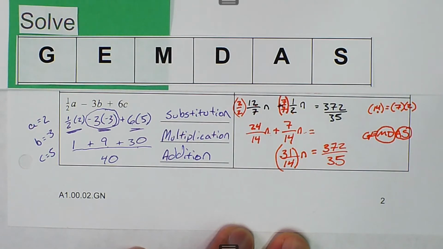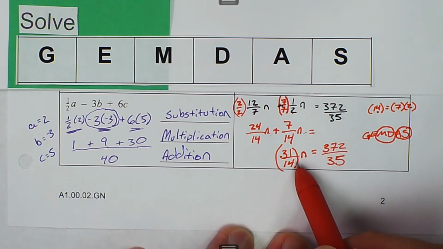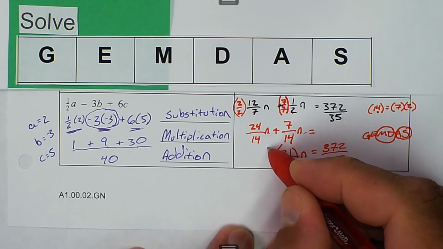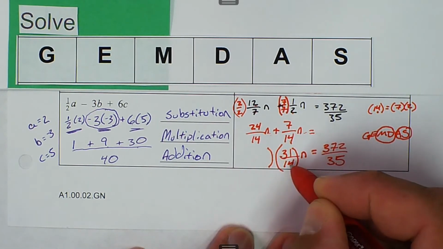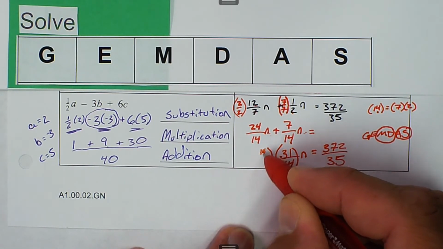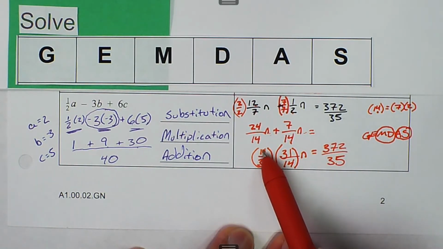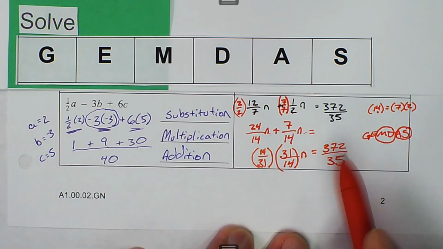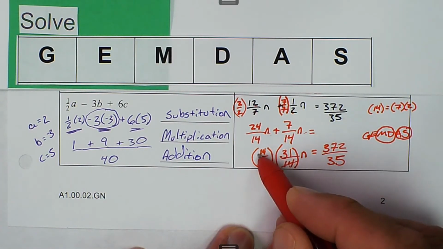So here we have the property that we talked about, the multiplication inverse, or multiplicative inverse. So if we want the coefficient in front of n to be 1, if we multiply this by the reciprocal, 14 over 31, our 14 is in the numerator, our 14 is in the denominator, that will cancel.